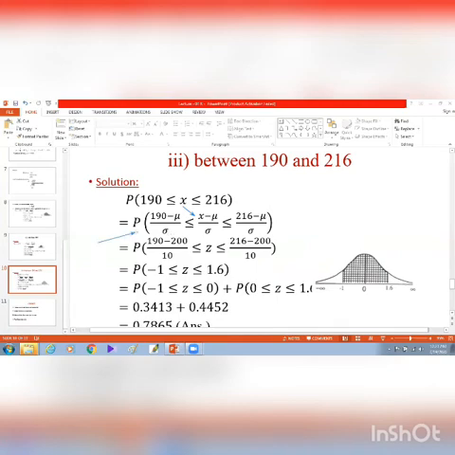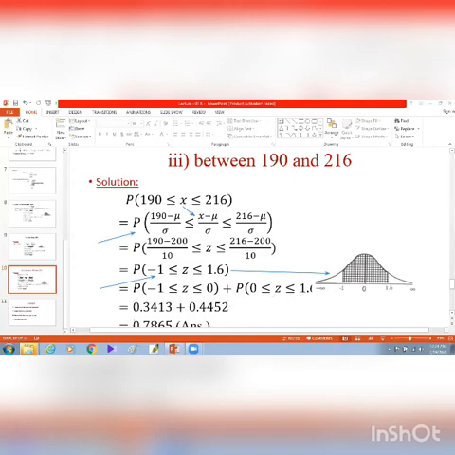As a result, this is probability of 190 minus mu divided by sigma less or equal x minus mu divided by sigma less or equal 216 minus mu divided by sigma. This is probability of 190 minus 200 divided by 10 less or equal z less or equal 216 minus 200 divided by 10, which implies probability of minus 1 less or equal z less or equal 1.6. Representing this on a number line, it is probability of minus 1 less or equal z less or equal 0, plus probability of 0 less or equal z less or equal 1.6.